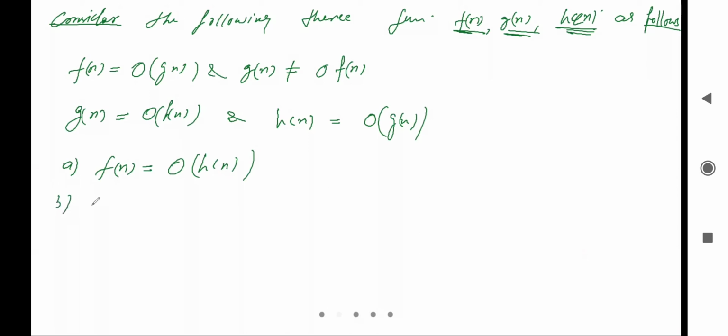Option B: f of n times g of n equals order of h of n times h of n.